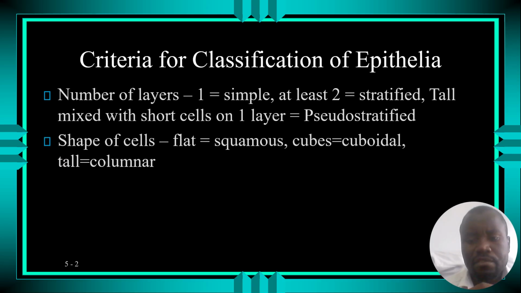Then we also classify epithelium based on the shape of the cells that make it up. These cells could be flat, considered squashed or paved, and so that type of epithelium is called squamous epithelium. If the cells are cube, square-like, they are considered cuboidal, so this epithelium will be called cuboidal epithelium.